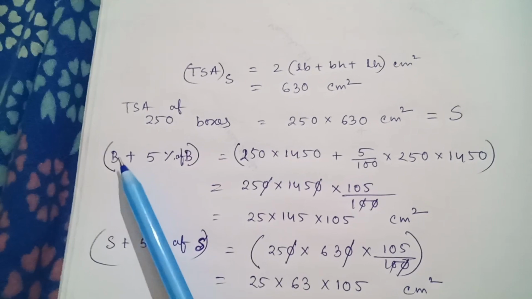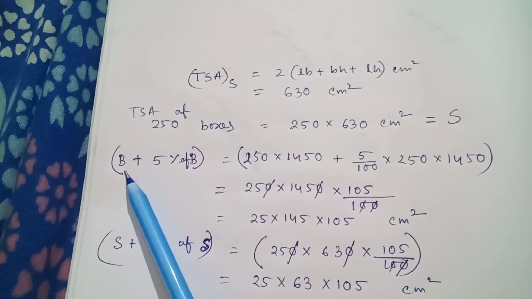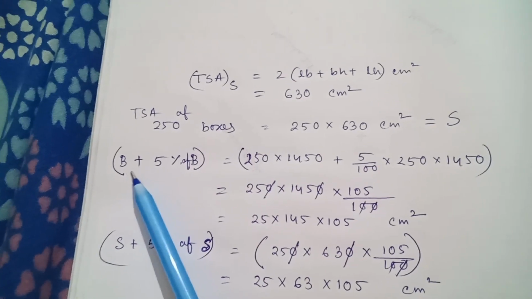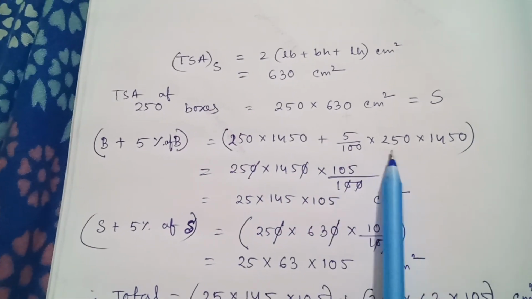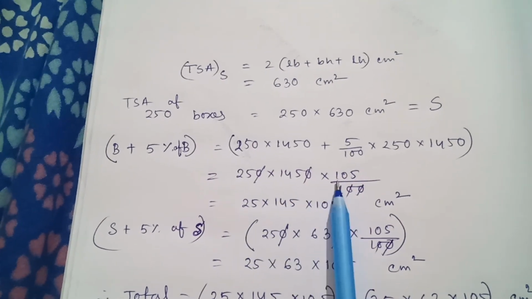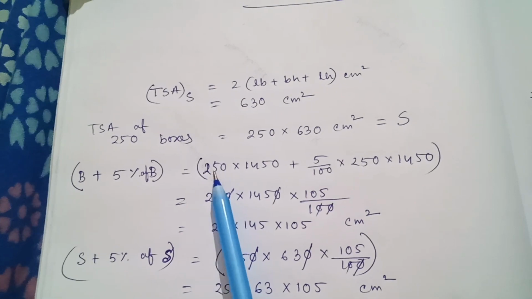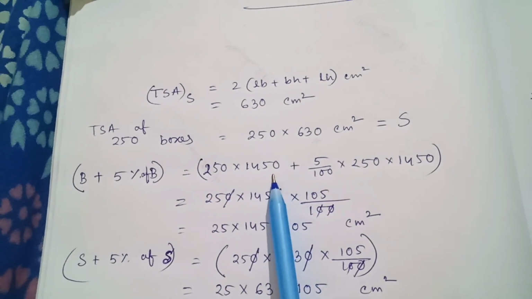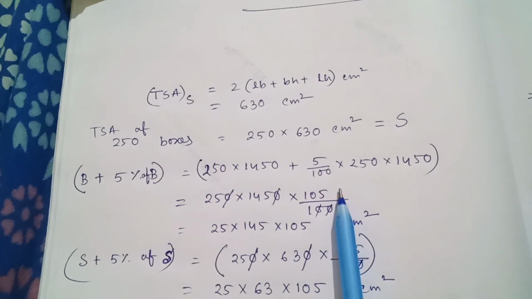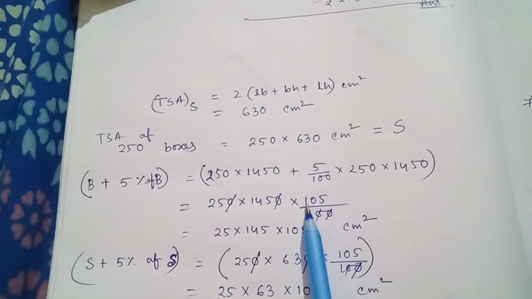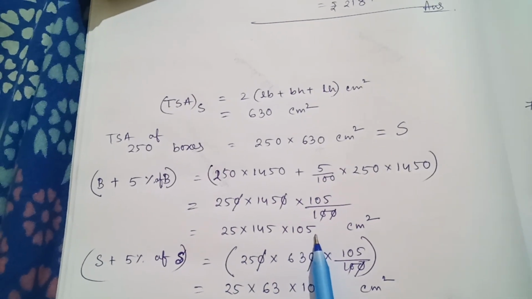So it will be B, that means total surface area of 250 bigger boxes plus 5% of it, and I have done the calculation like this. You can check out the calculation, and here I have taken 250 and 1450 common from both the terms. Then we have got this one and then this one. I have not calculated this.